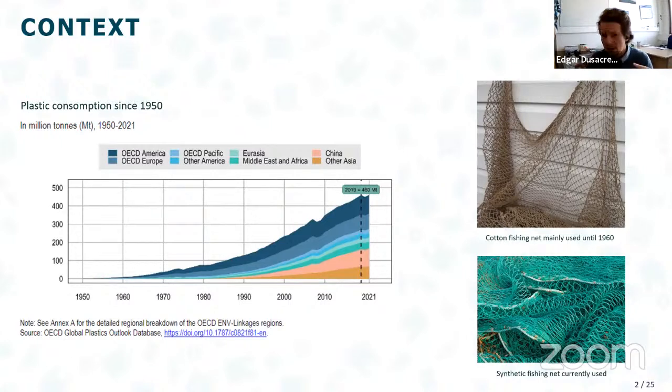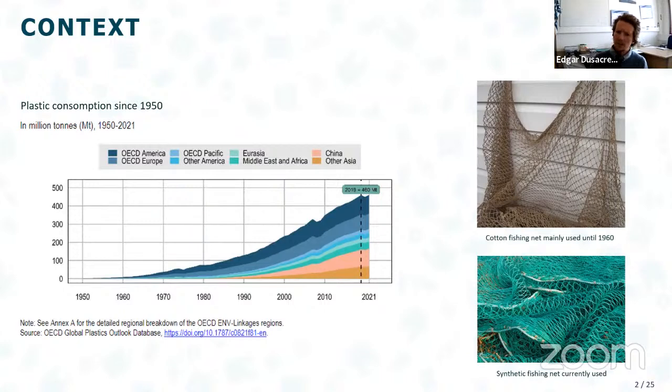As all the other industries and human activities, the fishing activity and fishing industry didn't go against this evolution. Until the year 1960, most of the fishing nets in the world were made of cotton or other natural fibers.